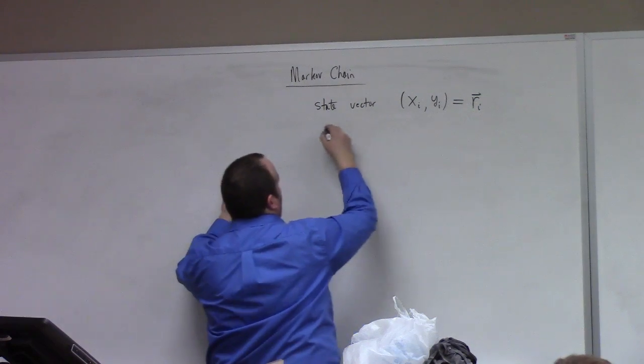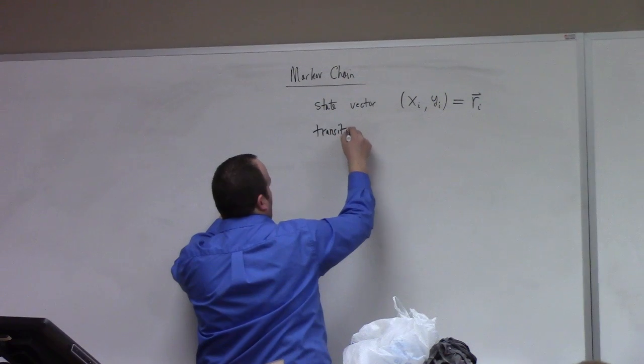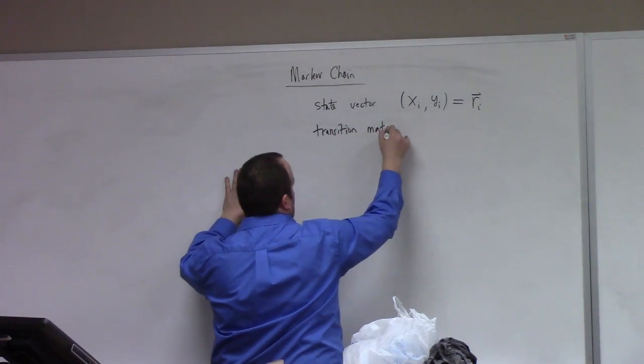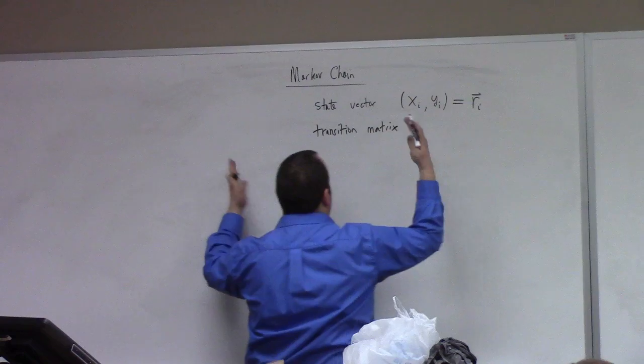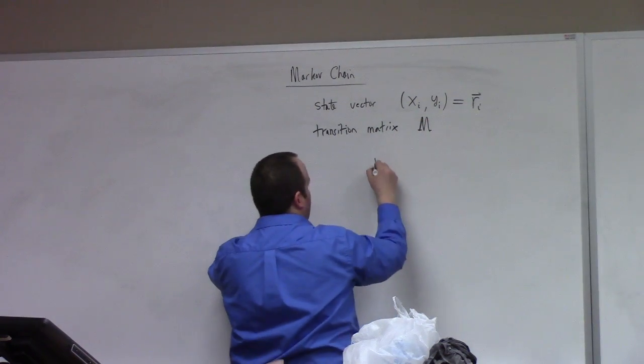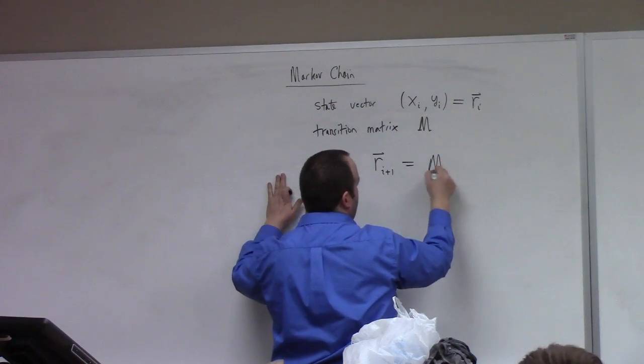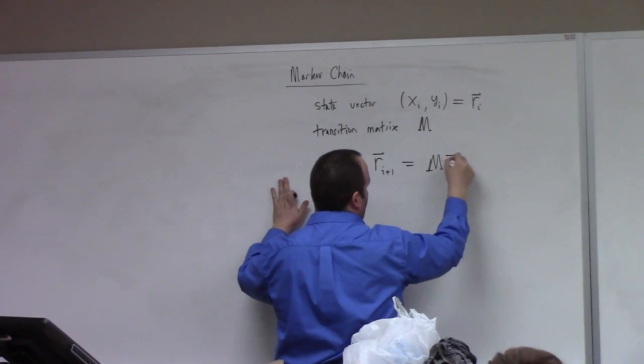And then you have some transition matrix, which you can call whatever you want, M. And then the deal is the (i+1)th state vector is given by M times the ith one.